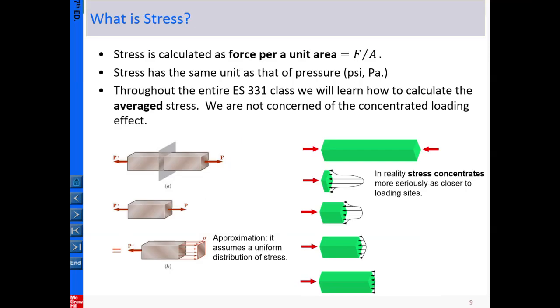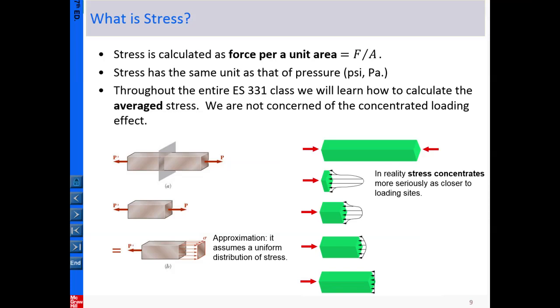So on this page we talk about stress first. Basically, in concept, the magnitude of the stress is very straightforward. You simply pick the force applied and the area, and then the stress is defined as force per unit area.